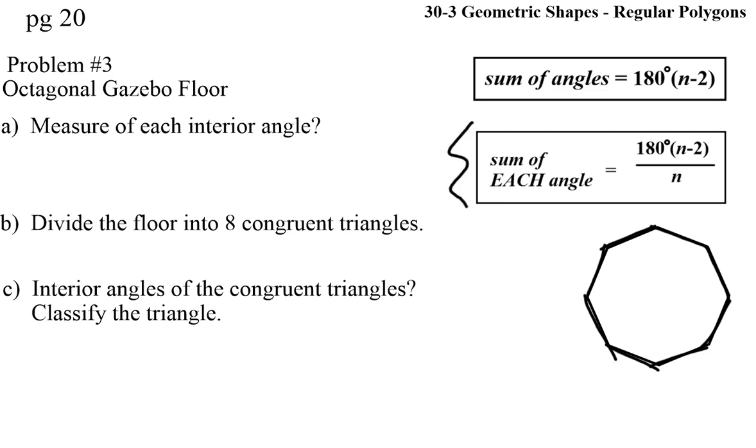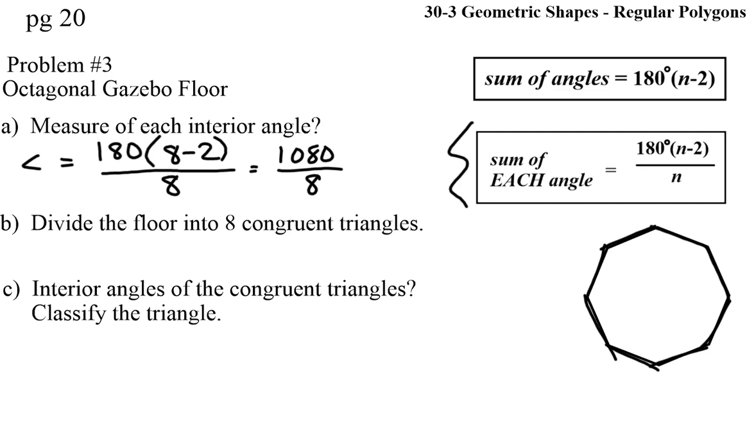Well, there's our formula. Each angle will equal 180 times (n minus 2) divided by n. It's an octagon, so there are 8 sides. Subtract 2, and then divide by the 8 sides. So 180 times 6 gives the total for an octagon, which is 1,080.